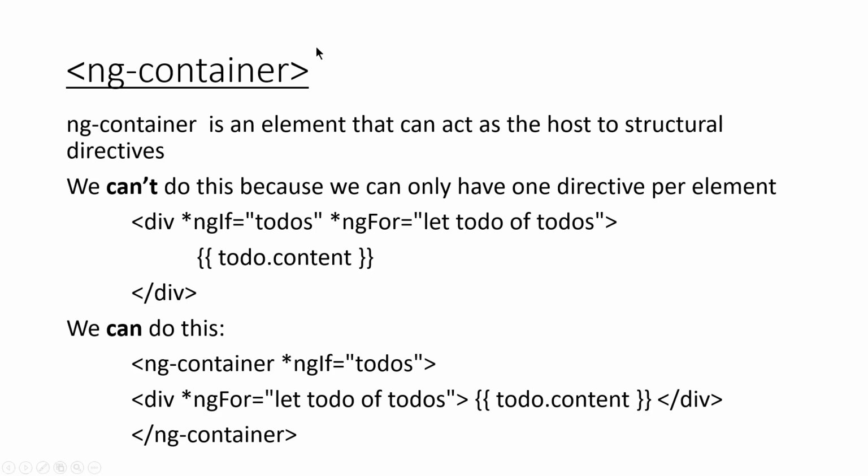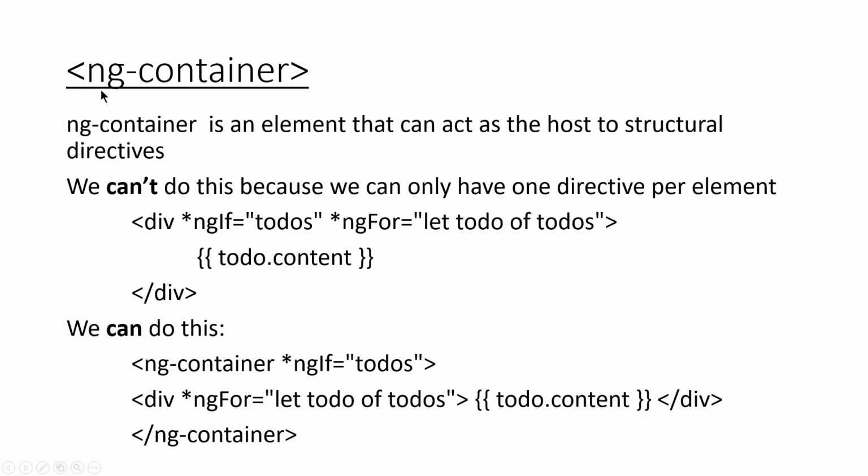Our second container is another built-in container for Angular. The ng-container is an element that can act as a host to structural directives. We can only add one structural directive per element, so we can't stack up a number of structural directives on an individual element.